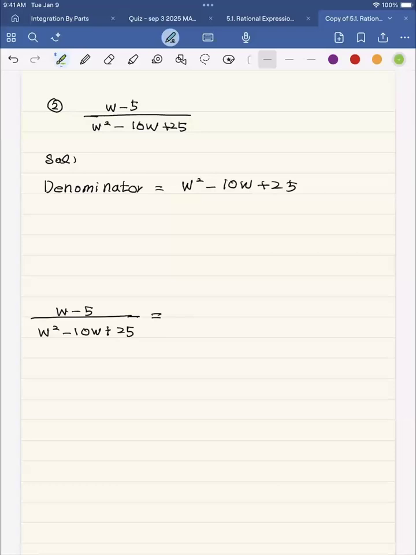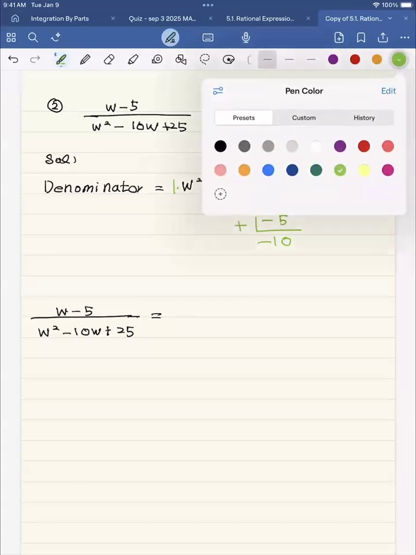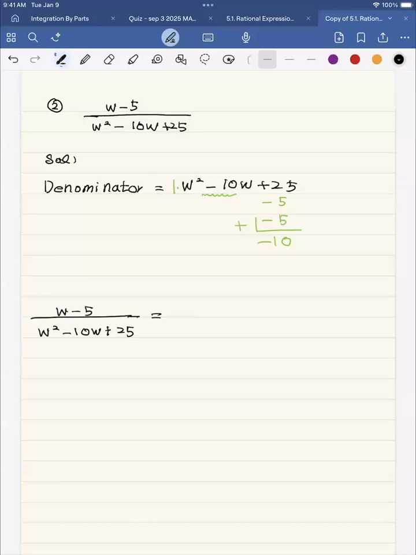The leading coefficient is 1, so we have to figure out the numbers whose multiplication becomes 25, and when we add them up, it must be the number in front of w, which is negative 10. So instead of writing 5 times 5, we have to write negative 5 times negative 5. So the factoring will become w minus 5 times w minus 5.